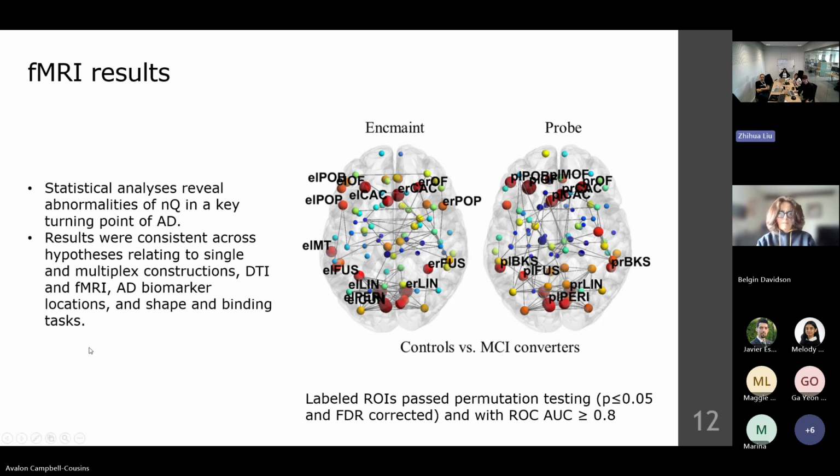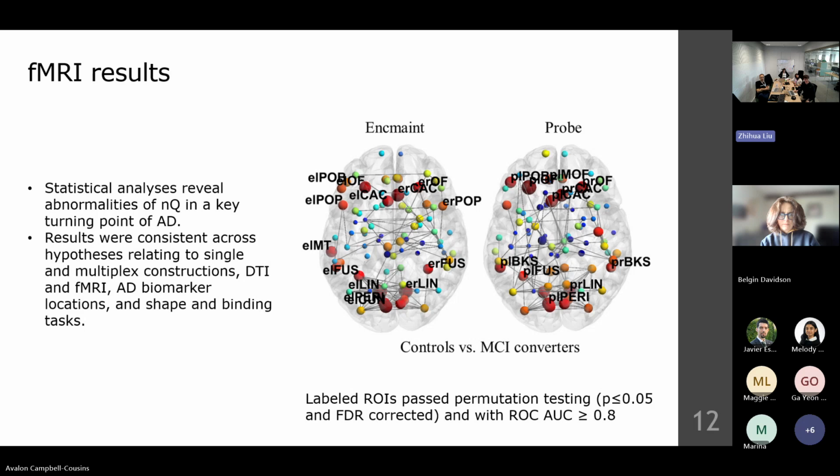But when we look at our mild cognitive impairment that converted to Alzheimer's disease compared to our controls, note that all the labeled regions here are those that pass the statistical thresholds I just mentioned. We see massive changes. And this is really encouraging because it suggests that perhaps nodal modularity could be a way to distinguish between those who will progress to Alzheimer's disease in this 2-year follow-up, but maybe in further research, we could extend that to longer scale predictive cases.